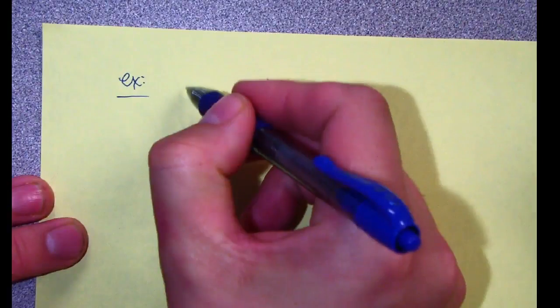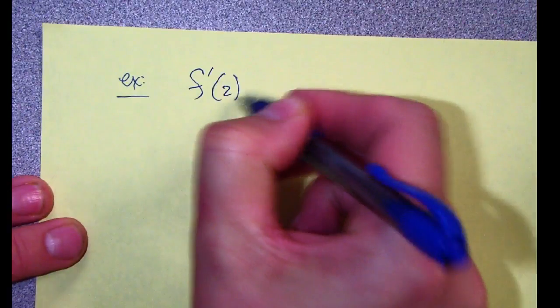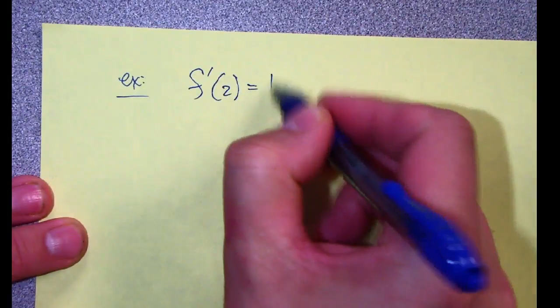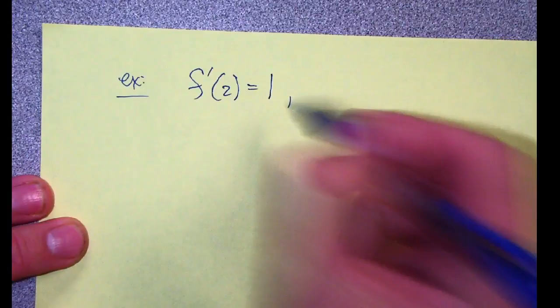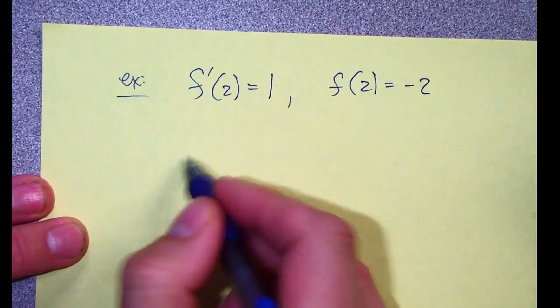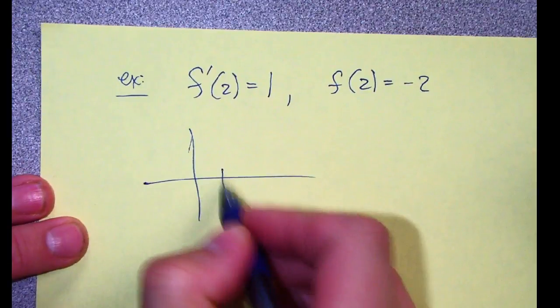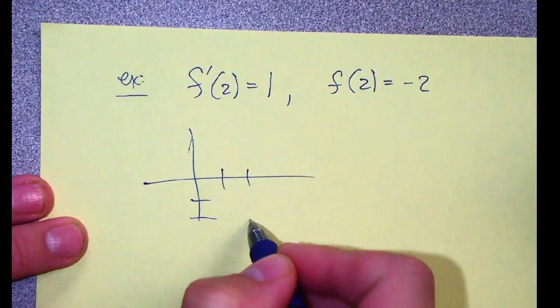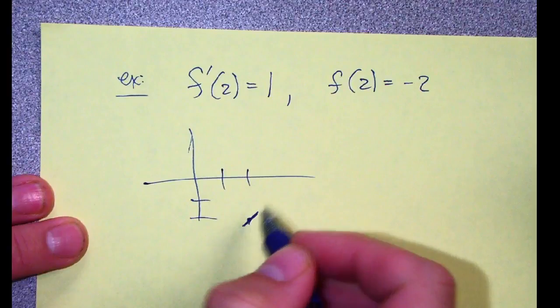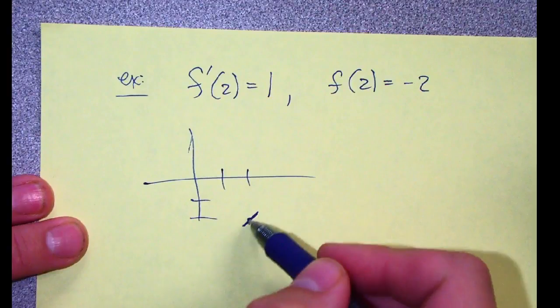Let's do another one of those. Let's say f prime of 2 equals 1, and f of 2 equals negative 2. So just a little sketch here. At the point 2, negative 2, they're telling me the slope of that tangent line is 1. And so the curve, who knows what it does?